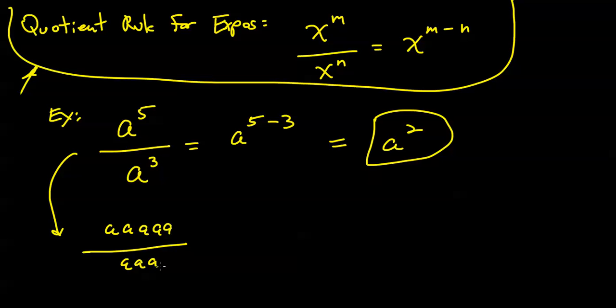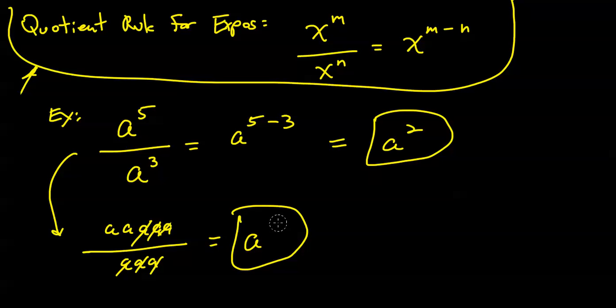In the numerator, a to the fifth is 5 factors of a, and the denominator, a cubed, is 3 factors of a, and of course 3 factors of a in the denominator cancel out all but 2 factors of a in the numerator, and I get the same answer thinking about it perhaps a little more informally. So a to the fifth over a cubed is a squared.